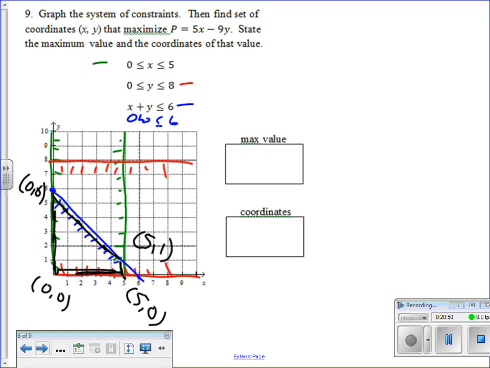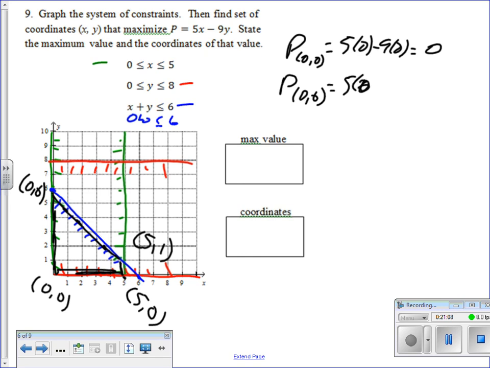So, P(0, 0) is 5 times 0 minus 9 times 0, which is 0. P(0, 6) is 5 times 0 minus 9 times 6, which is negative 54.